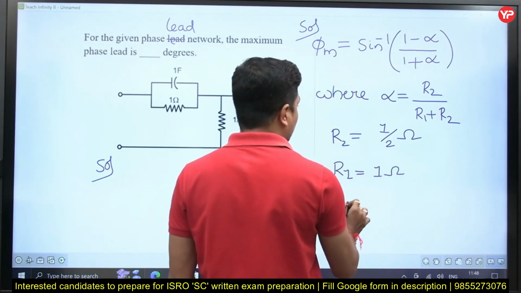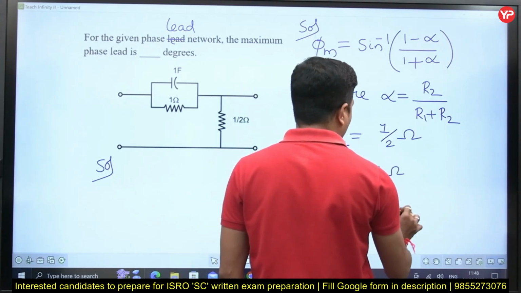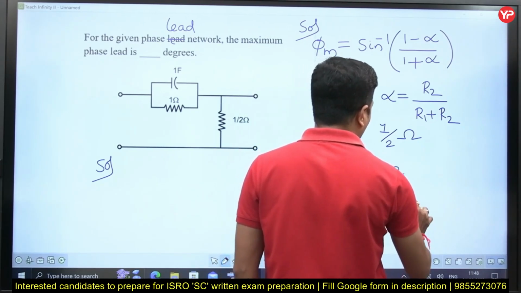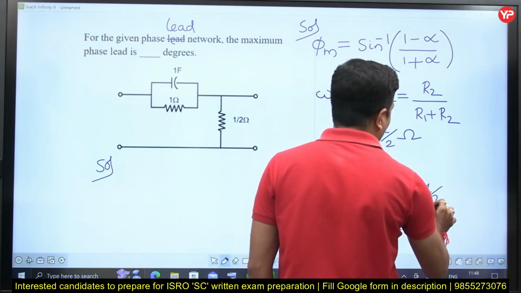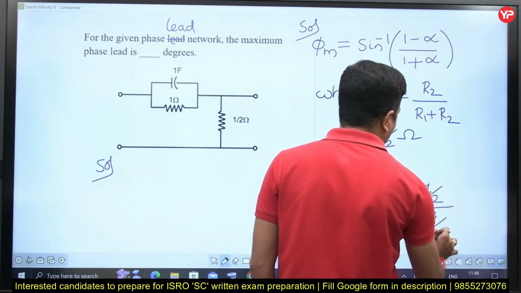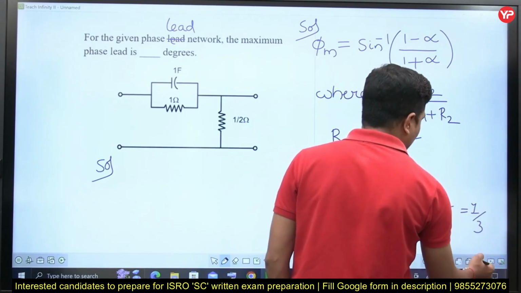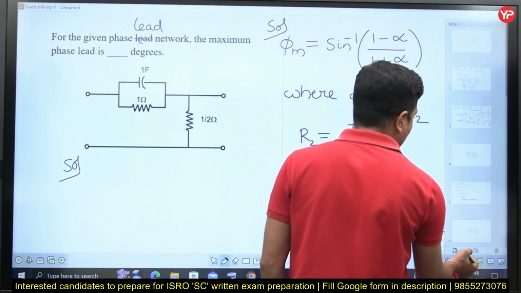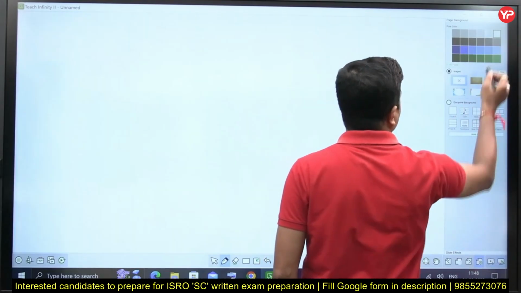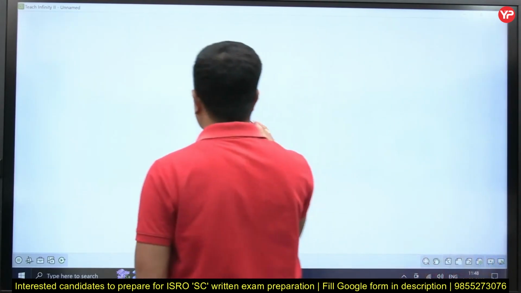Now alpha is equal to 1 by 2 by 1 plus 1 by 2. It is 1 by 2 by 3 by 2. This 2 is gone, we are left with 1 by 3. Let's substitute in the formula, sine inverse of (1 minus alpha) by (1 plus alpha).